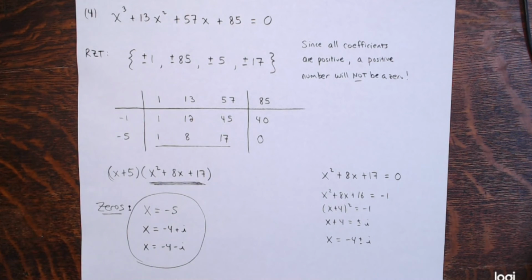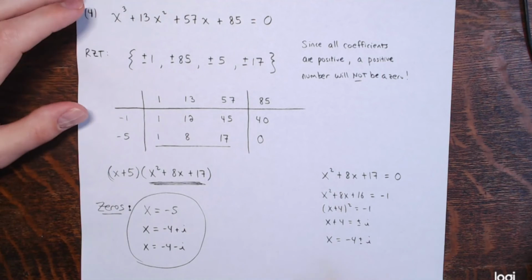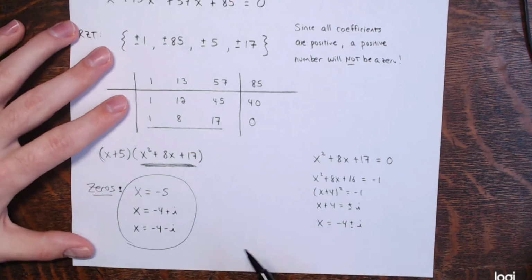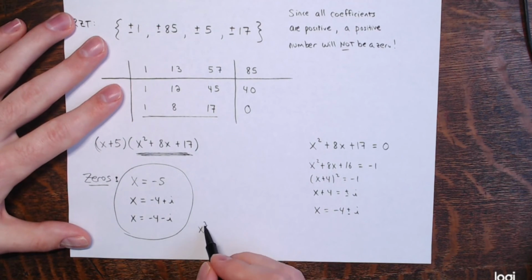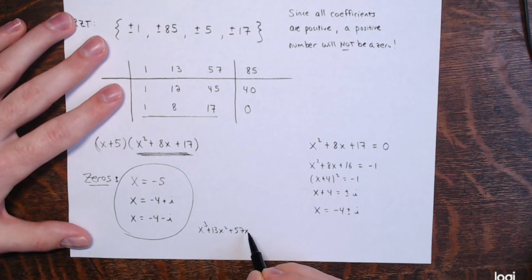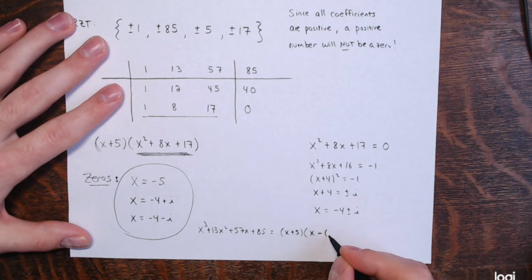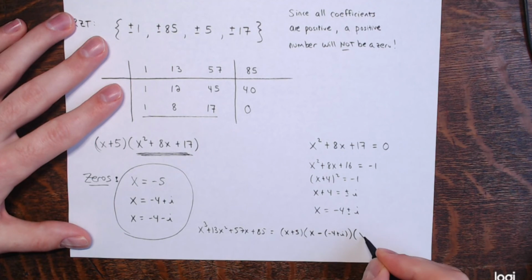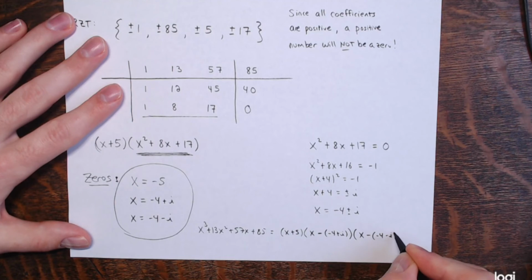Now if I were to write this in some sort of factored form, x cubed plus 13x squared plus 57x plus 85, I could write as 1 times x plus 5 times x minus the quantity negative 4 plus i, times x minus the quantity negative 4 minus i.